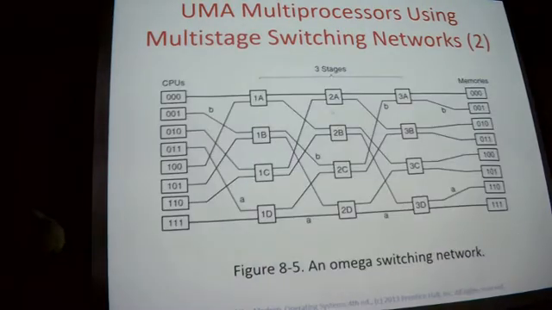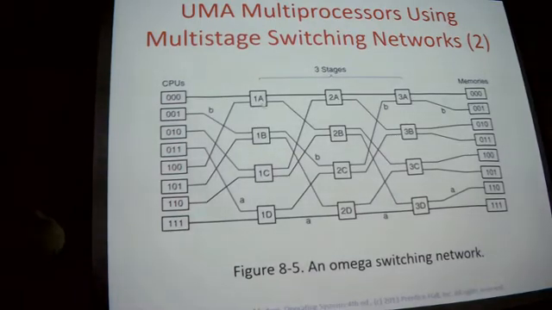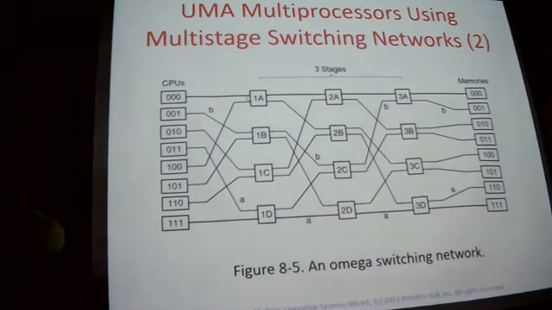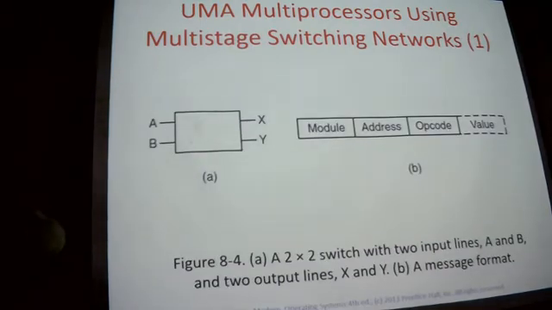The structure is shown in this figure, and there is a switch. This switch takes an input and finds an output. So we can see that this is a function. A and B are input lines.